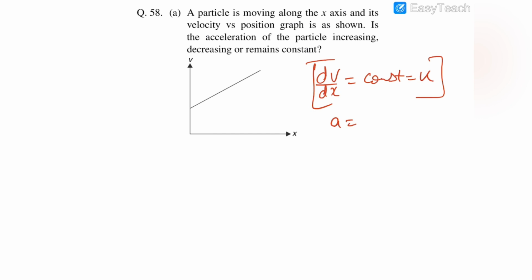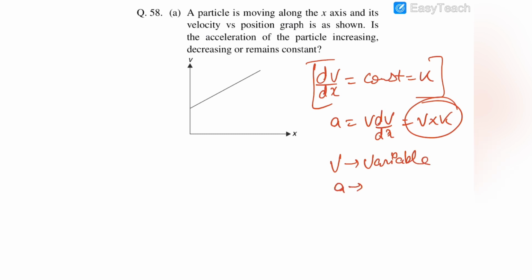So acceleration is v dv by dx, so acceleration is v into k. So we know that v is variable, so acceleration is also variable and it is increasing because v is increasing. So let us write down that v is increasing.